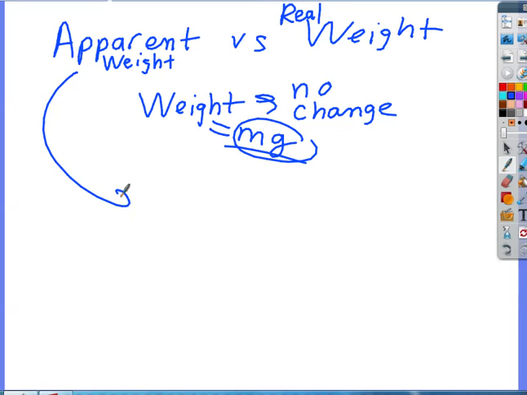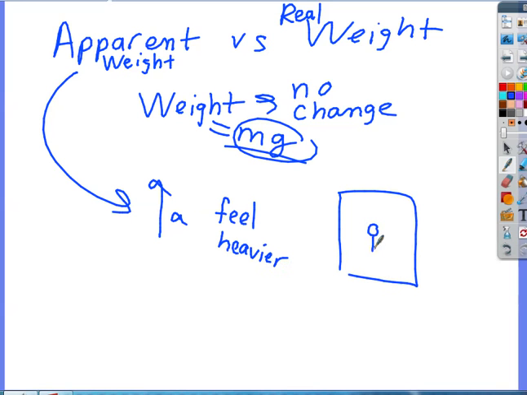But as I just stated, with your apparent weight, as you accelerate upwards, we said you feel heavier. And it's actually proven that if you happen to be standing on a bathroom scale, or a doctor scale, when you accelerate upwards, you'll see your weight increase, or you'll think your weight increases.